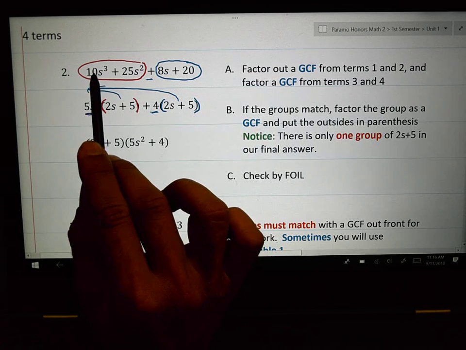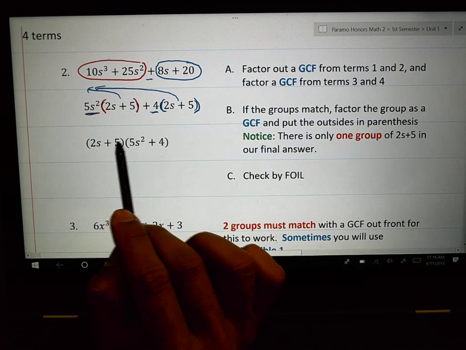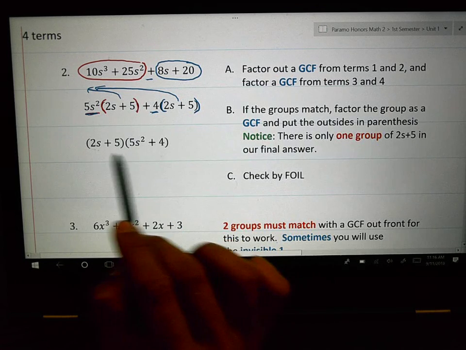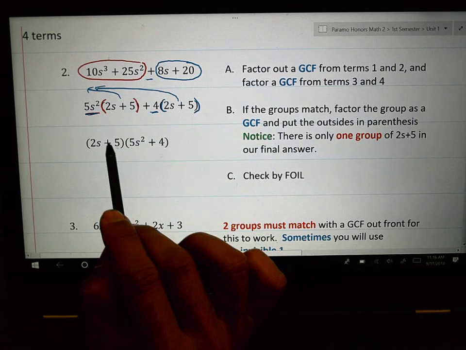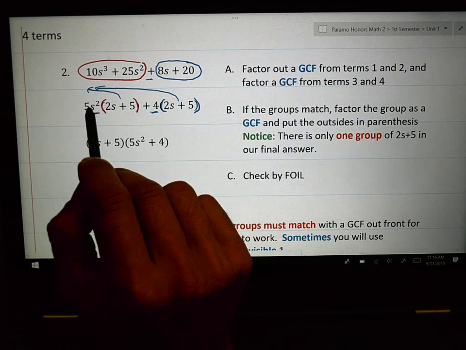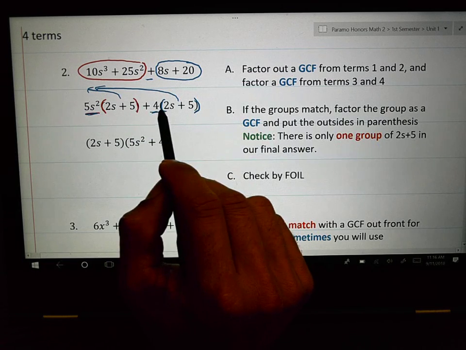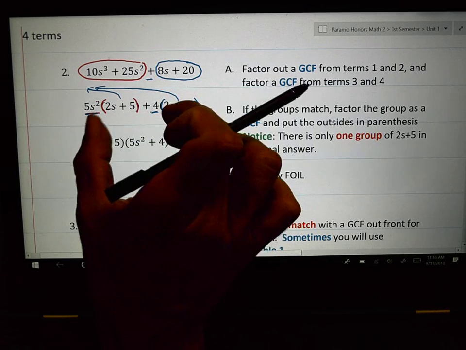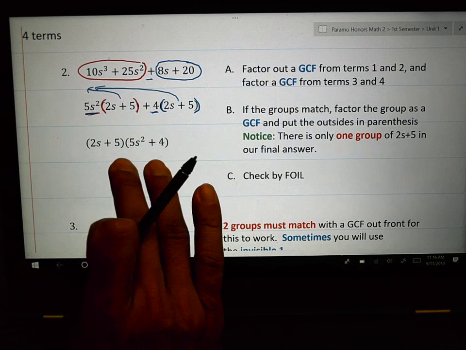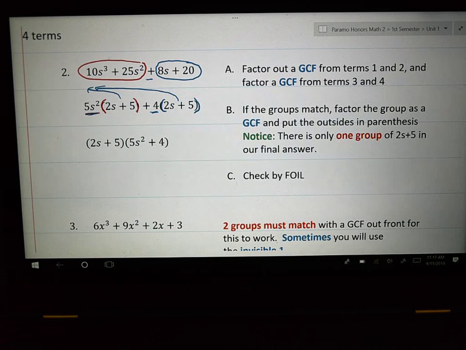That's your first term. This times that is your second term. This times that is your third term. This times that is your fourth term. I'm hoping you see how it works. The key to it: GCF once, GCF again, do the two groups match? If they do, factor that out as one parentheses, and these GCFs go in the other parentheses every single time.